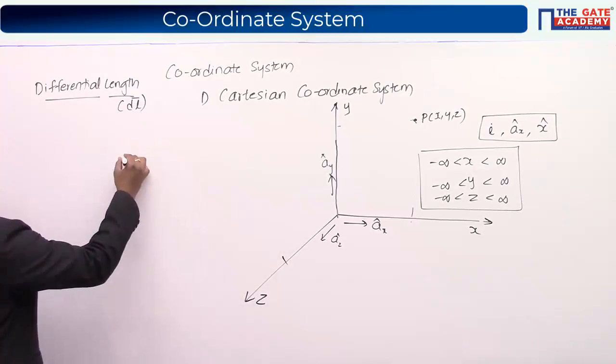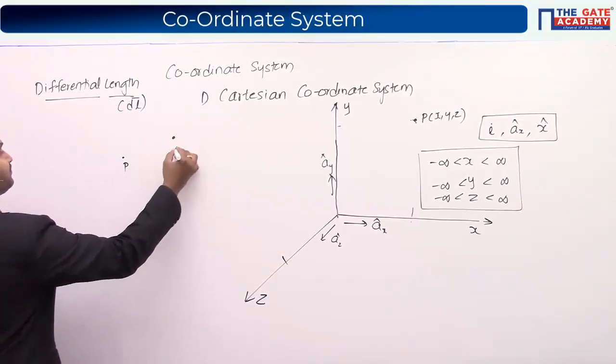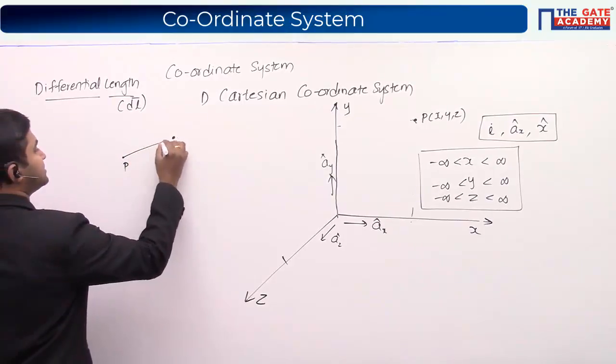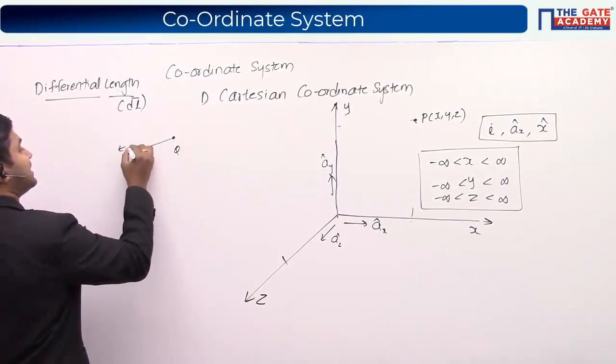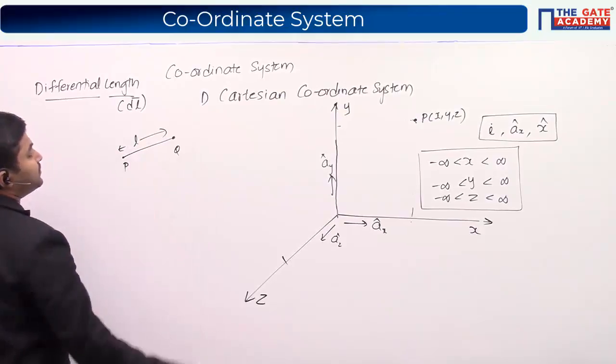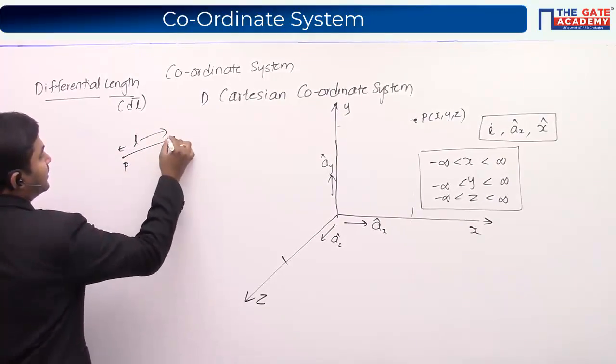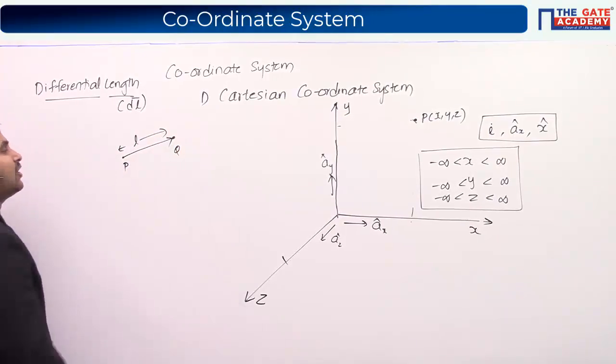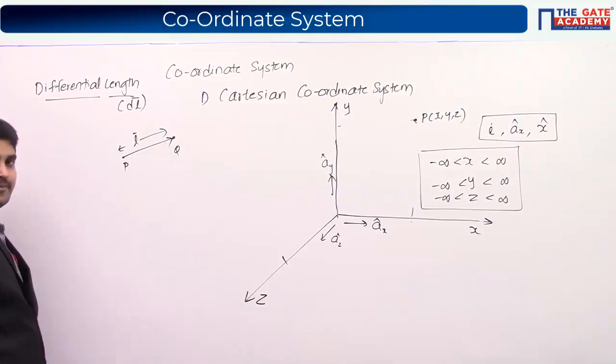For example, if there are 2 points called P and Q, if you are moving a considerable amount of distance, then I can call it L. If this particular distance is directed, if this vector is directed, then I can call it L bar.